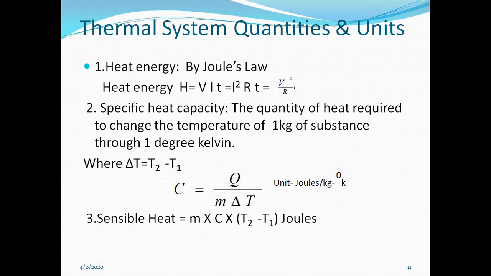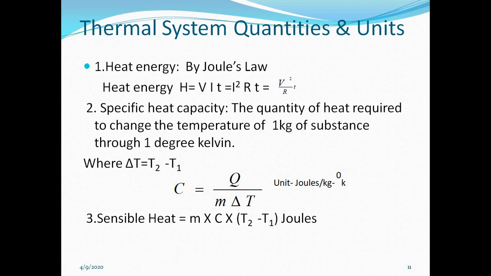The next type of heat energy is sensible heat. It is the quantity of heat gained or lost when change in temperature occurs. That means whenever there is only change in the temperature, there is no change in the state, then it is known as sensible heat.